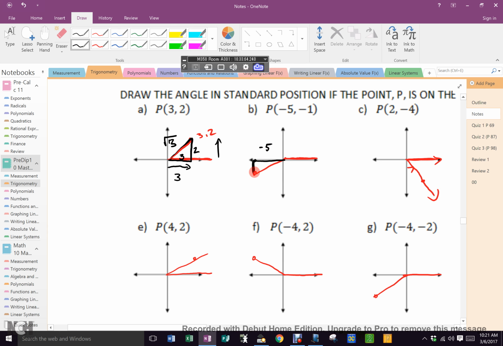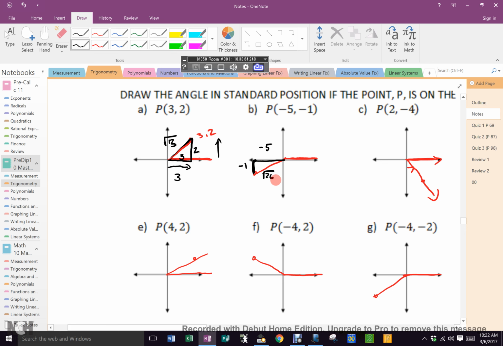Look again. -1, right? How long's the hypotenuse? Square root of what's -5 squared? Really? 25. What's -1 squared? What's 25 and 1? So that is the root of 26, correct?